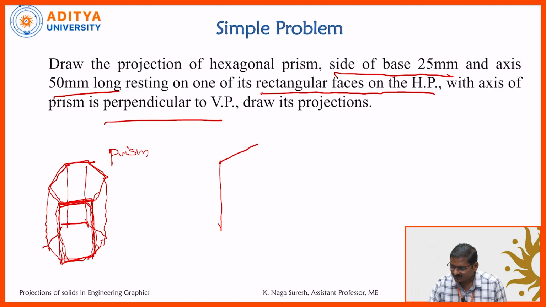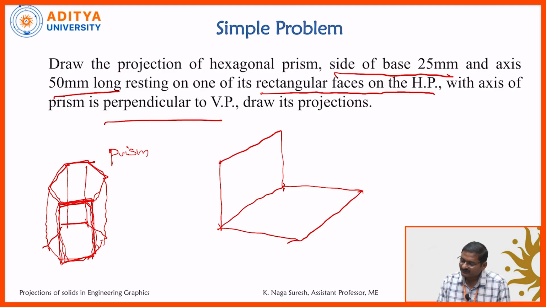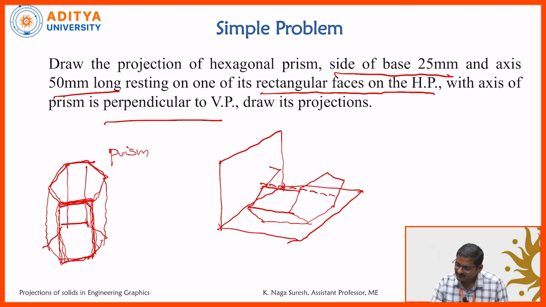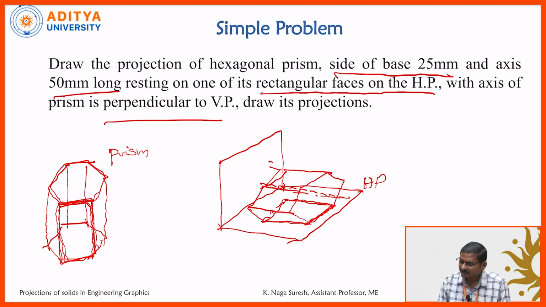For example, this is the vertical plane and this is the horizontal plane, and it is resting on one of its rectangular faces on the HP, which means the axis is parallel to HP and perpendicular to VP. So, one of the rectangular faces is resting on the HP.